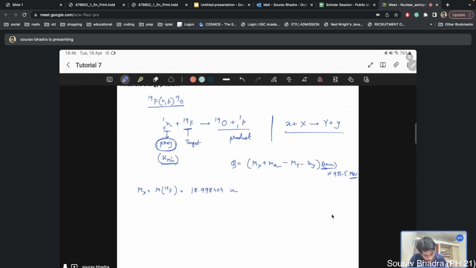M of small x, that is mass of 0N1, is 1.008665 U. M of capital Y, mass of 19 oxygen, is 19.003577 U, and mass of small y, the proton 1P1, is 1.007825 U. So these values are given.